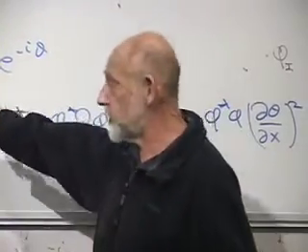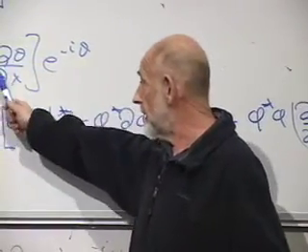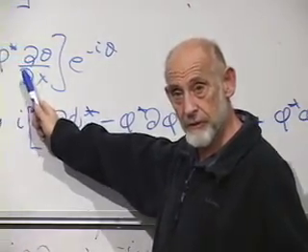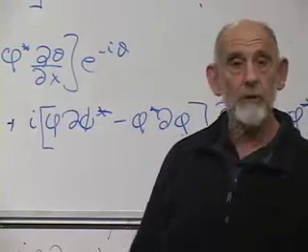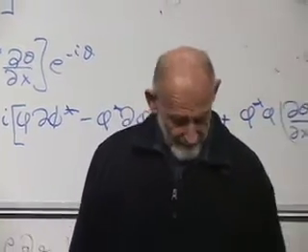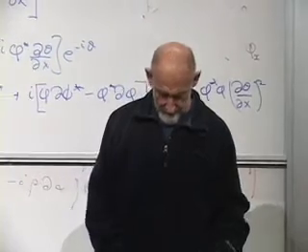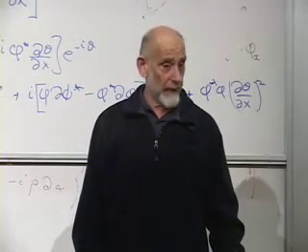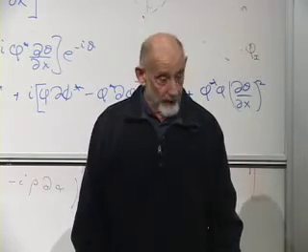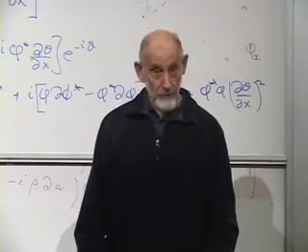But I've been very explicit about it, and I've identified this term here as the villain in the problem. So the question is, can we find some clever way to cancel that out? Now, why should we want to do that? Ultimately, it's an experimental fact that all of the gauge interactions of nature are associated with gauge symmetries like this.